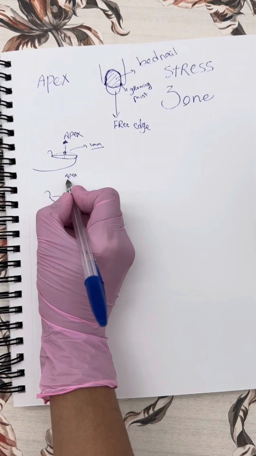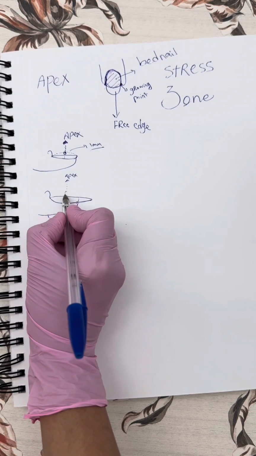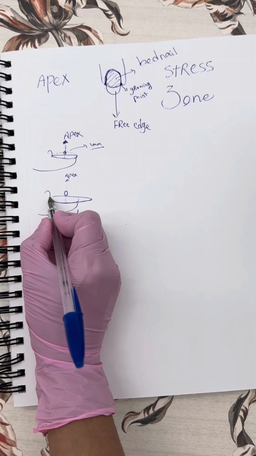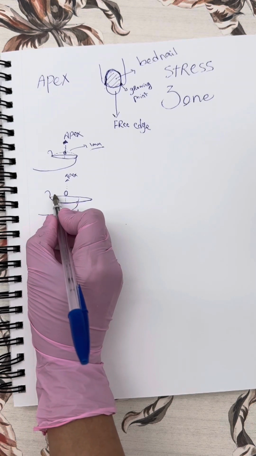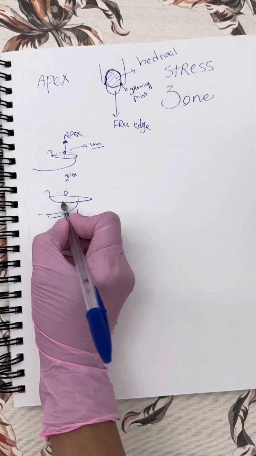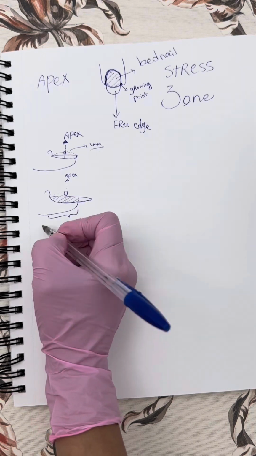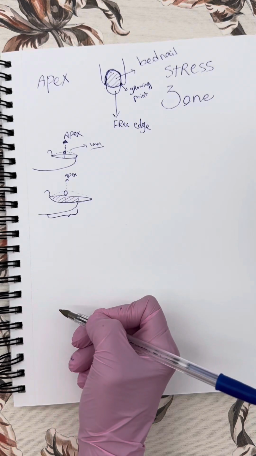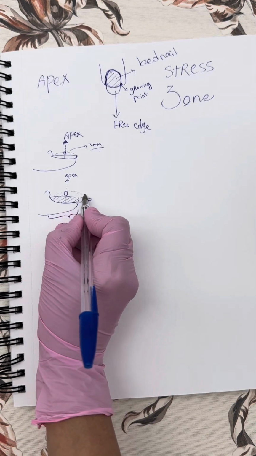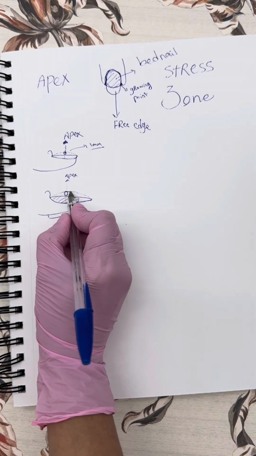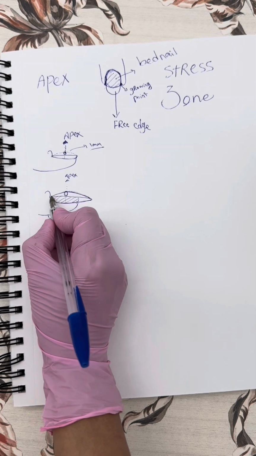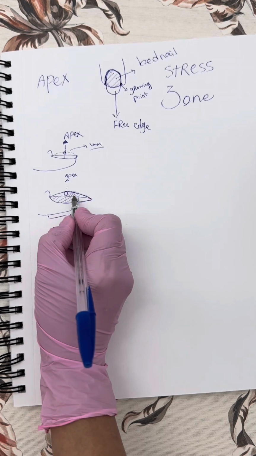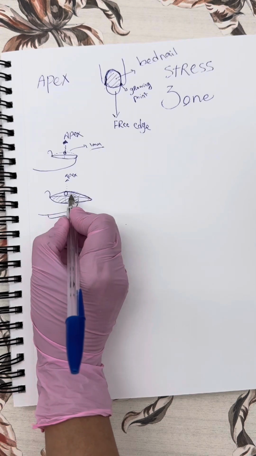You put your maximum product here, and you apply the minimum at the start, come to the maximum in the middle of your nail bed, and then keep going down very slowly to the free edge. Here, as you go down to your free edge, you put less product very slowly. Don't go like that, very slowly.